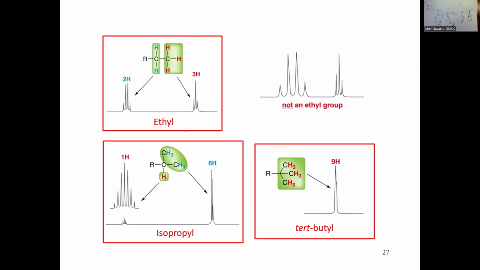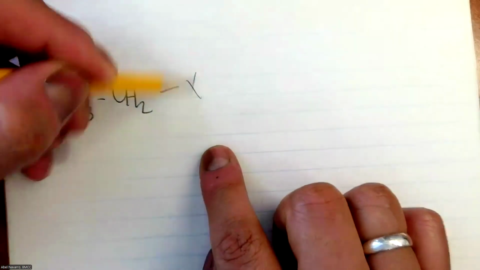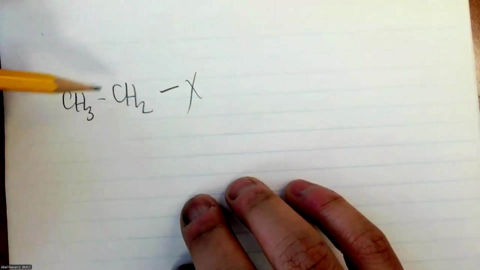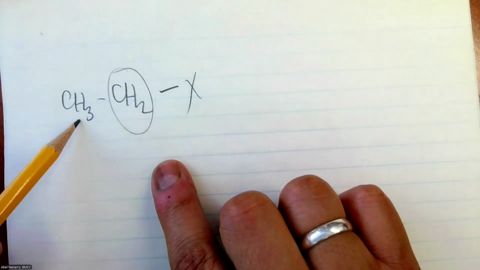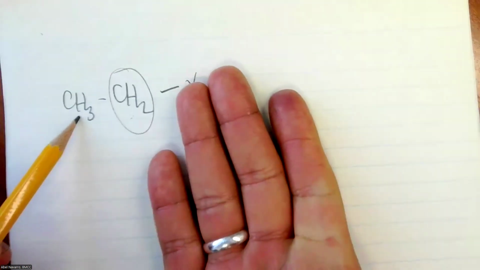Ethyl, for example. Ethyl is a CH3 and a CH2. So if you have a CH3 and CH2, this CH2, the splitting is going to be a quartet, right? Because the CH2 is next to a CH3, 3 plus 1, quartet.